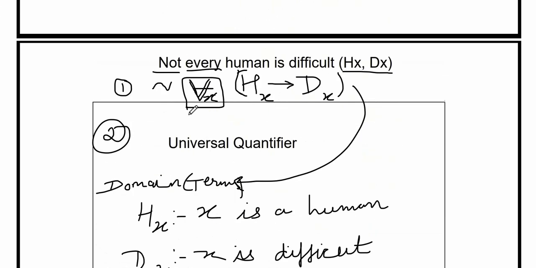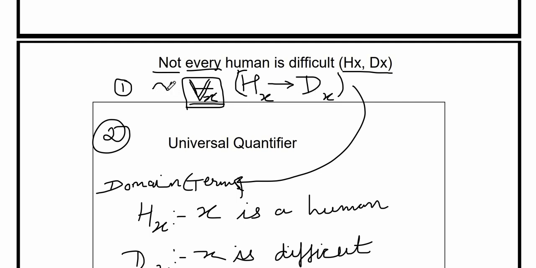So how do we start? For all x, and then we have negation here also. So for all x, x is a human implies x is difficult.